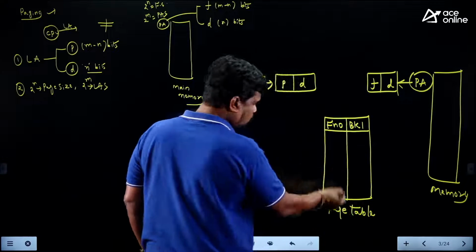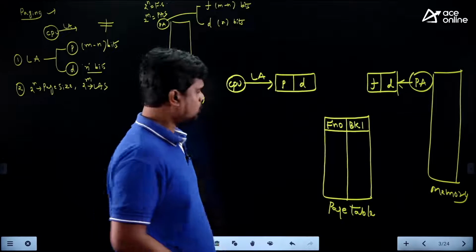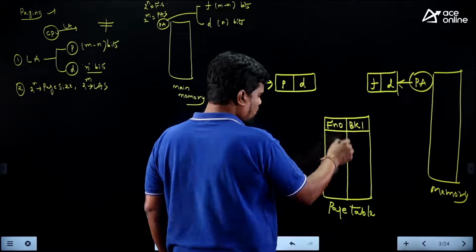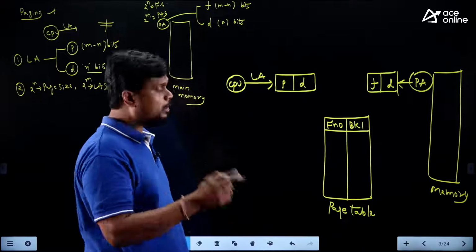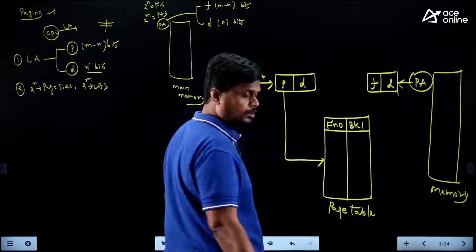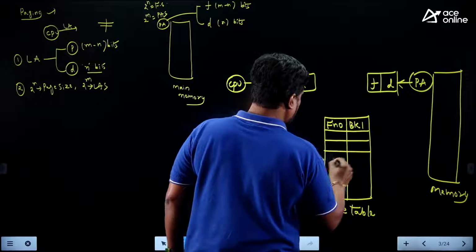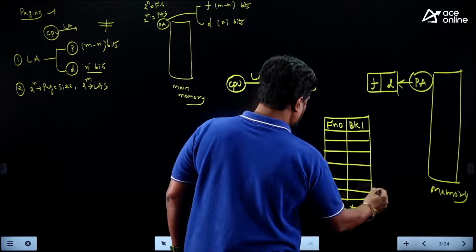Since we have a page table, in the page table we are having entries, and this page table can have an index. So who is going to act as an index? In the sense, the page number is acting as an index to the page table, and these are the entries we are having.